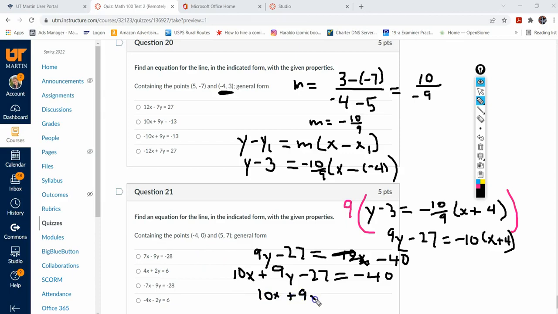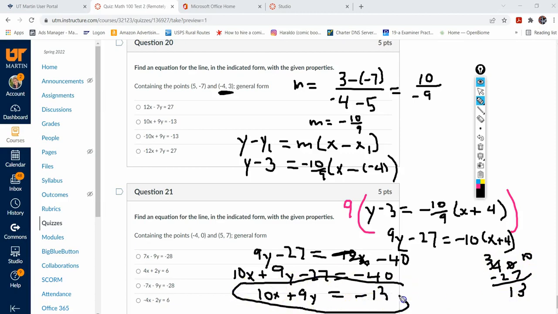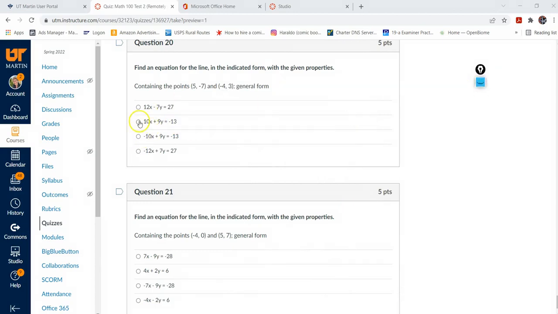And do that, it's going to be the negative of that. 10 minus 7 is 3. 3 minus 1 is 3 minus 2 is 1, and this will be negative 13. Okay, this is what I want. 10x plus 9y equals negative 13. So question 20 is going to be that one.